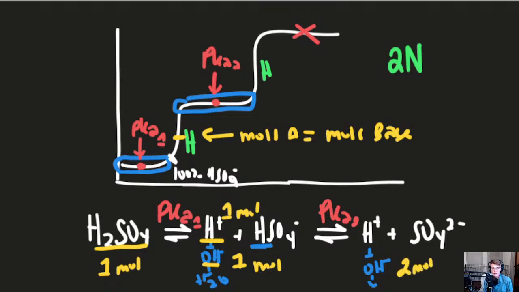So this is a little bit different. In this instance here, the moles of acid are actually equal to 2 times the moles of base, and that's just because we have a 2 normal acid, and we've already used up 1 mole of that base, kind of getting rid of that first piece. There's not much else that, in my opinion, you really need to know about these particular titrations.